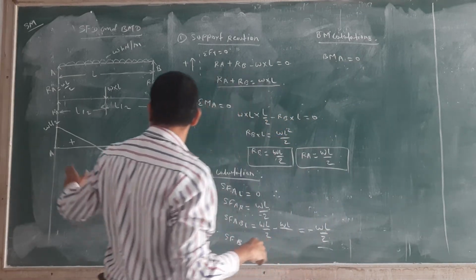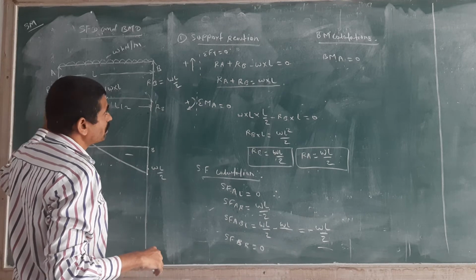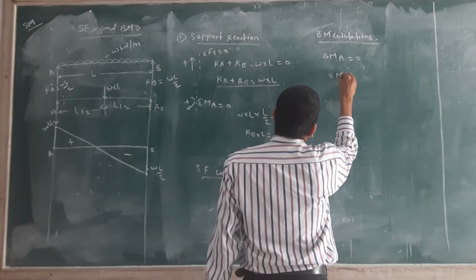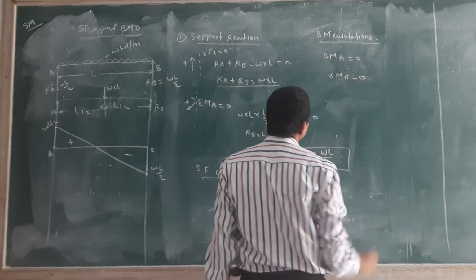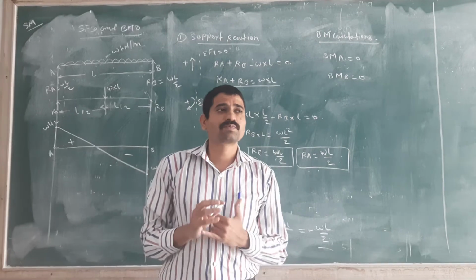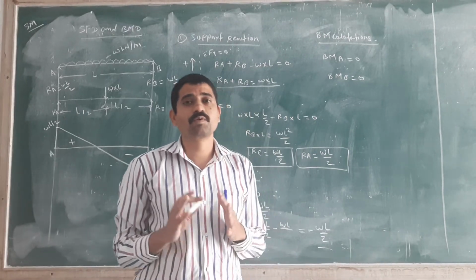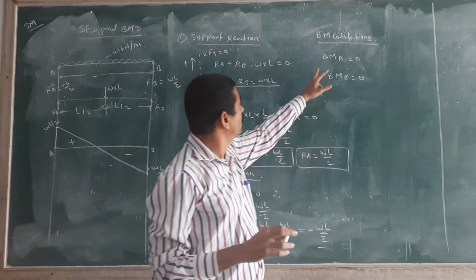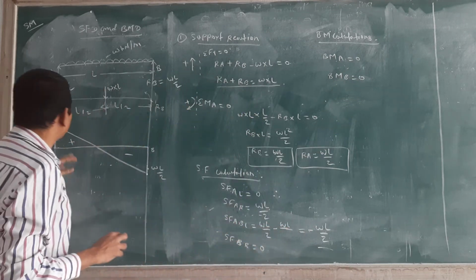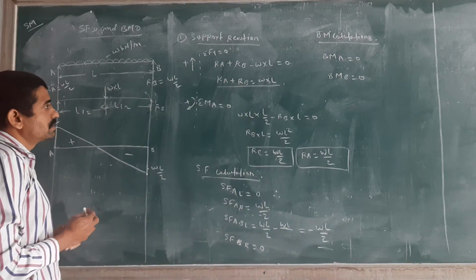You start from 0. And bending moment at B point is also 0. Means the first point and last point always have bending moment 0.